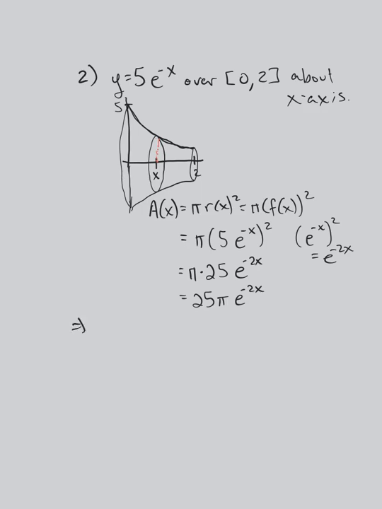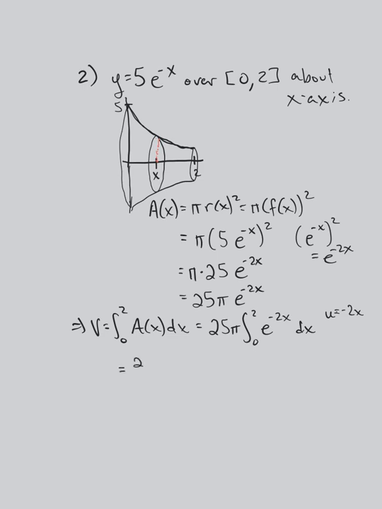And so now to get volume, we integrate our cross-sections over the interval that we're interested in. We would say integral 0 to 2 of A of x dx. I'm going to go ahead and move that 25 pi out front, and then we have the integral from 0 to 2 of e to the negative 2x dx. Now you could do a u substitution here. Hopefully you realize there's a composition at the very least. You can do a u substitution, but this is also just a linear composition.